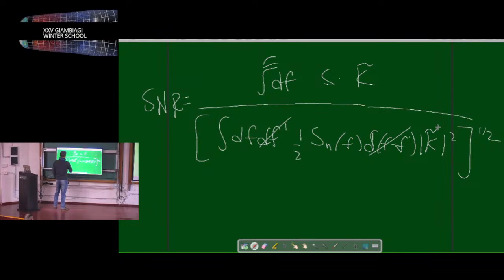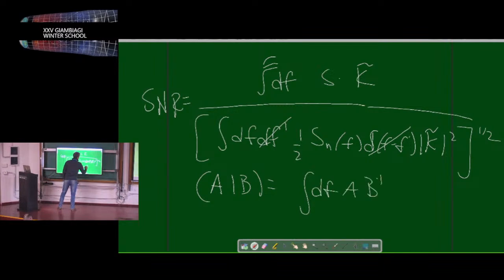Well, if we define a scalar product between two functions like this, this is my definition of the scalar product. Then what is my choice of B that maximizes the scalar product of B with A?